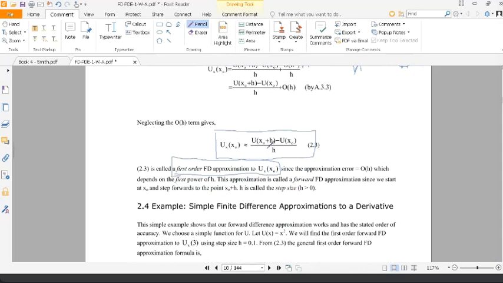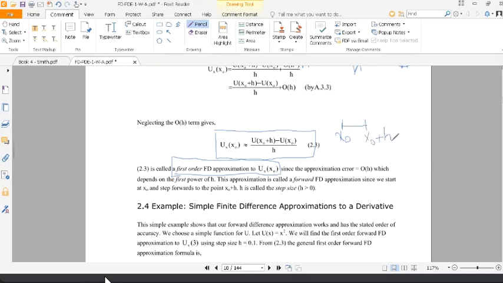This formulation is called a forward finite difference approximation because we compute u_x at x0 by using u at x0 plus h.